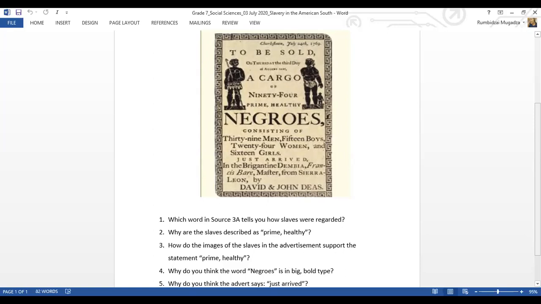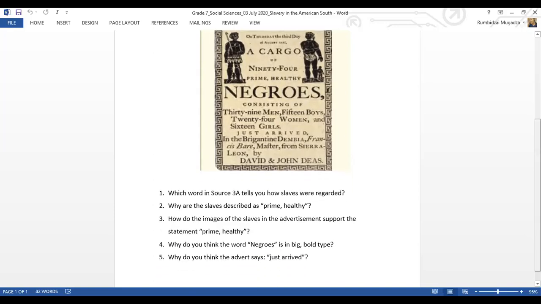Number 4, why do you think the word Negroes is in big, bold type? Number 5, the last question, why do you think the advert says just arrived? So those are the 5 questions, and you do them for homework.